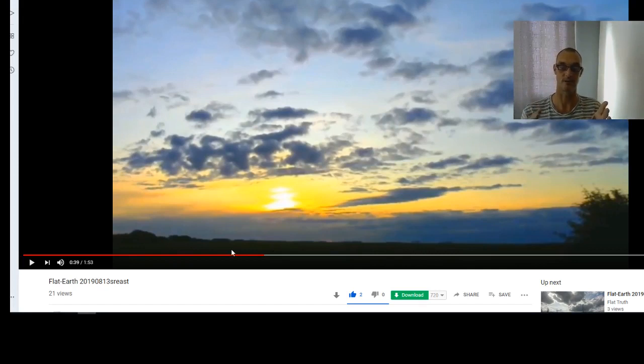So if this was a longer, more distant shot, then of course that band of clouds that we can see here below the sun would get smaller and smaller and smaller, and eventually become part of the horizon.